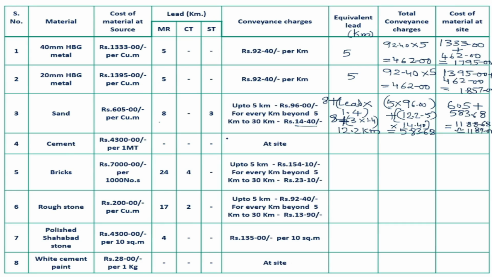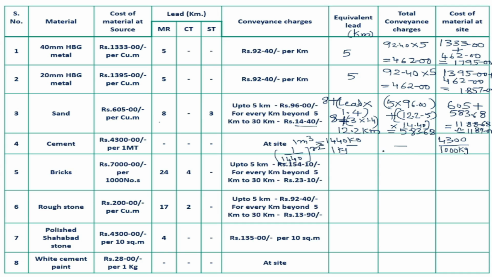Cost of the cement at site is 4,300 rupees per metric ton. So there is no equivalent lead and total conveyance charges. So it is 4,300 rupees per metric ton. So 1 metric ton is equal to 1000 kgs. 1 cubic meter volume of cement weighs 1440 kgs. So 1 kg is equal to 1 by 1440 cubic meter volume.